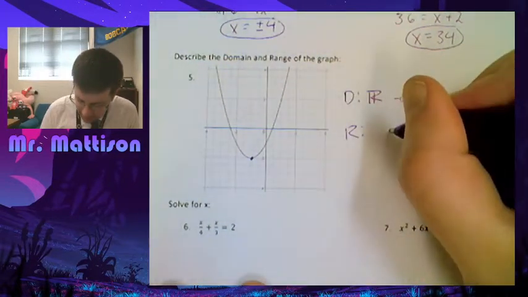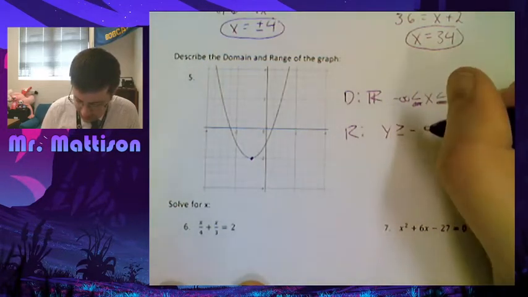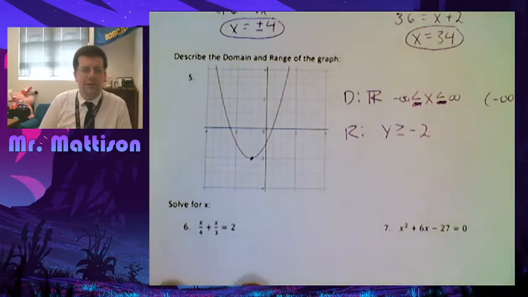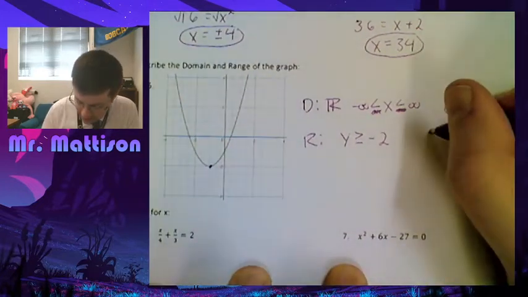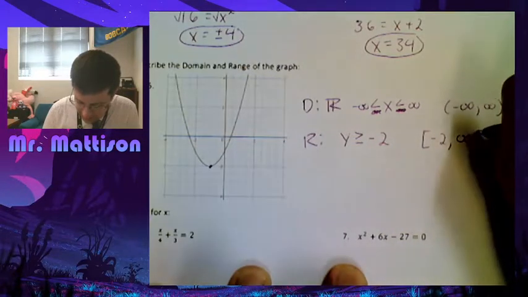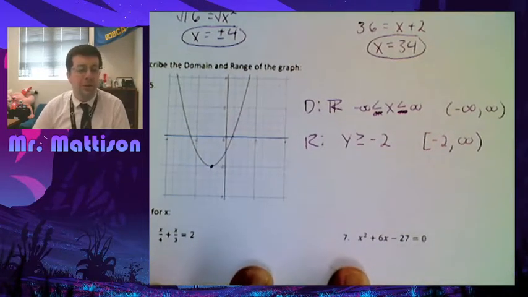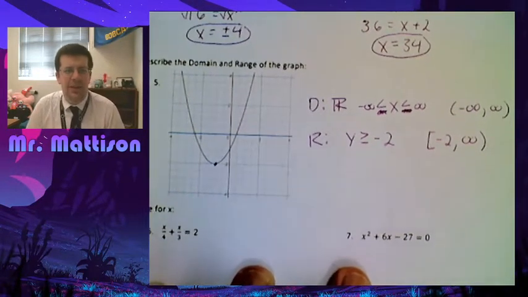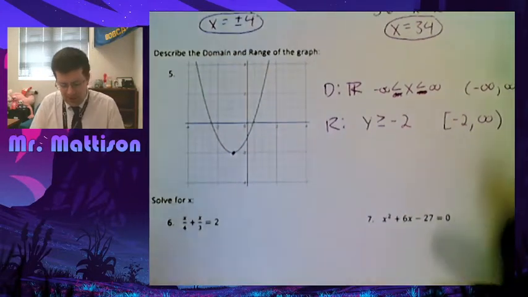So that would be any y values that are greater than or equal to negative 2. So that's one way of writing it. If I wanted to do that in interval notation, I would say it could be negative 2 up to positive infinity. Whatever format you're more comfortable putting that in, that's fine. Do not feel like you have to put it in both forms by any means here.